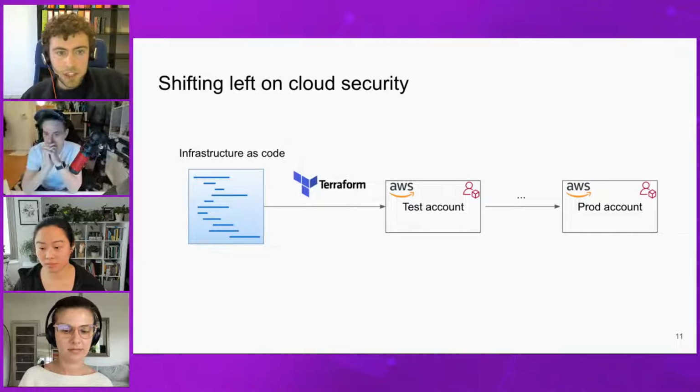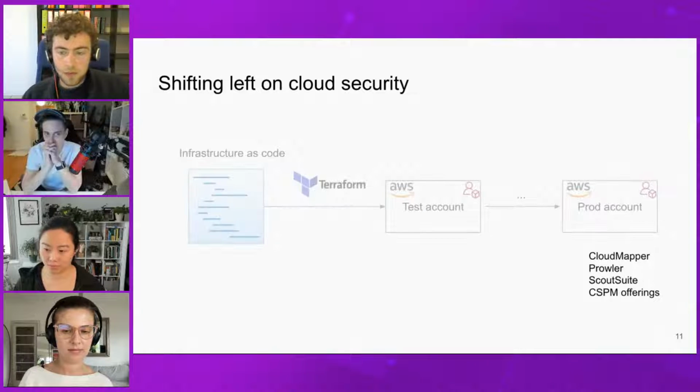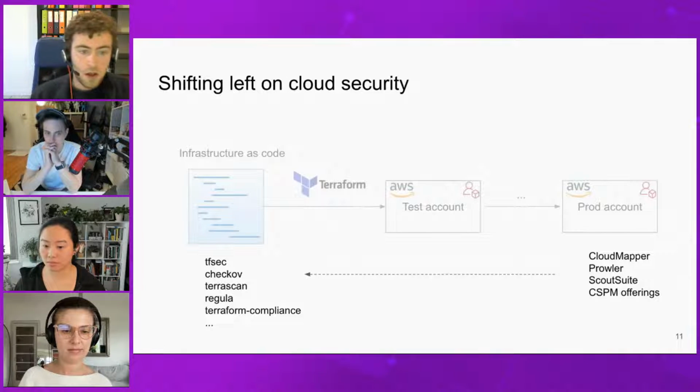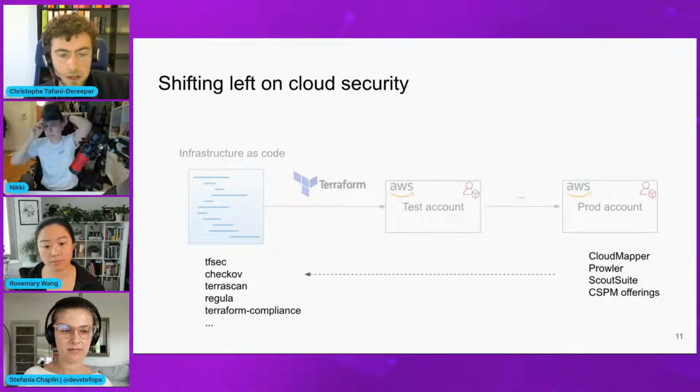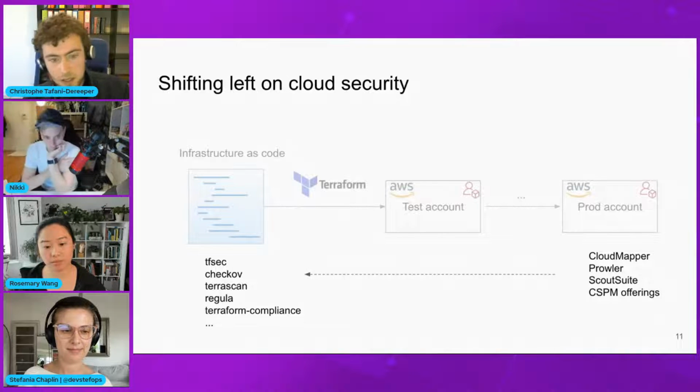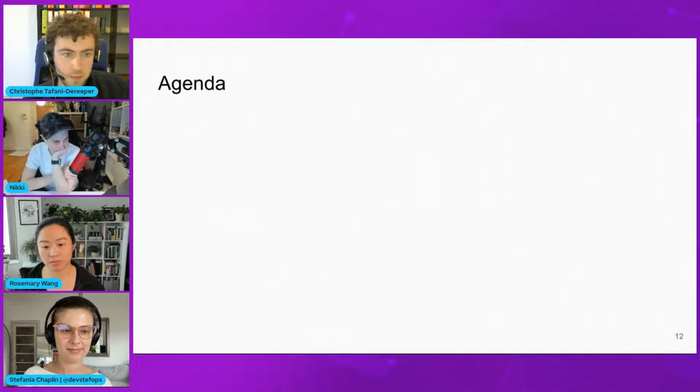So when we say shifting left, it's really about starting from some tools that are pretty popular, like Cloud Mapper, Prowler, Scout Suite, and cloud security posture management offerings, and going from there to shift left on tooling that we can use to scan our infrastructure as code for security issues, to make sure that we can find security issues before they get in production.